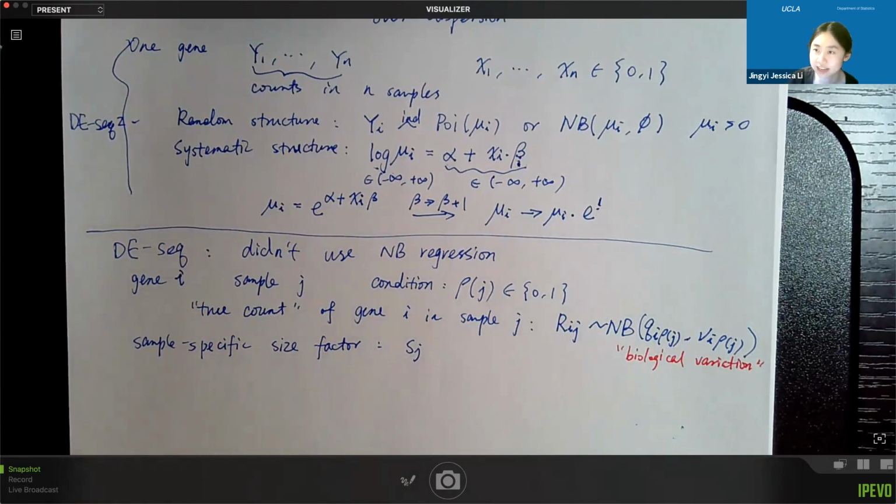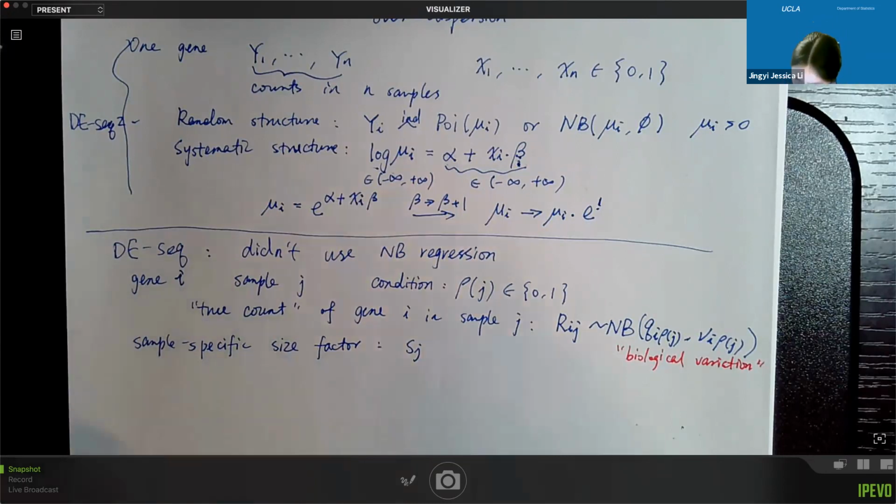If you recall, we said that a Poisson distribution is a way to approximate the multinomial distribution, which we said in the last class. If you imagine that all genes are sequenced together in one sample, it is a multinomial distribution for all genes. Then for each individual gene, we can approximate its count distribution by Poisson.